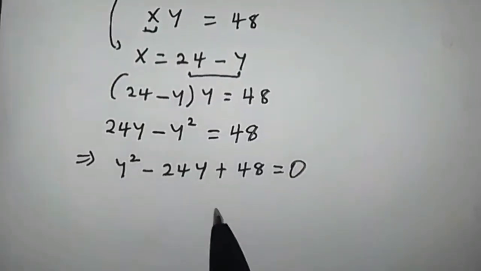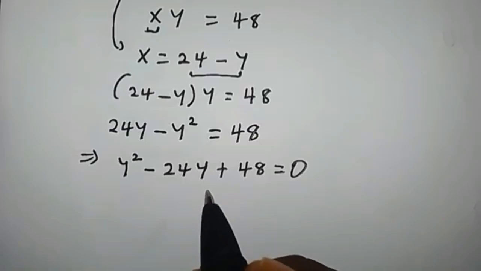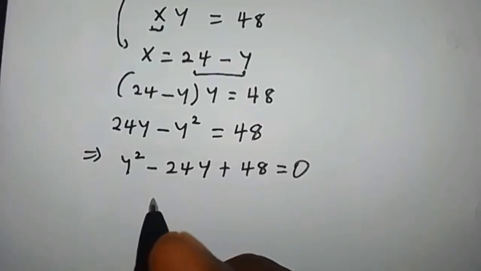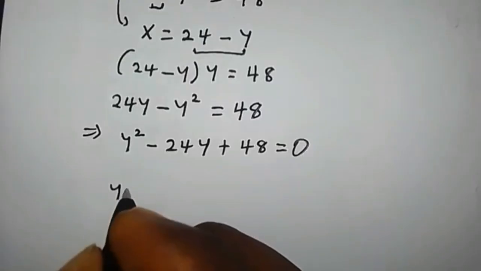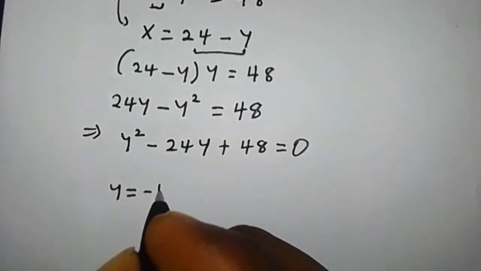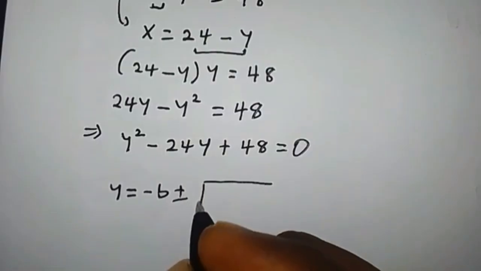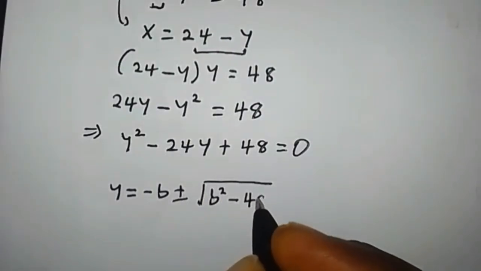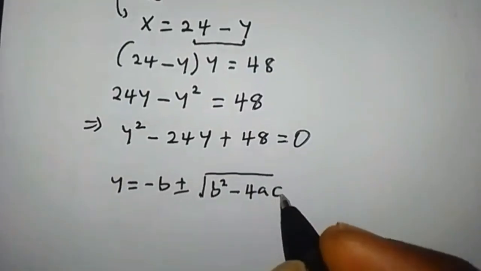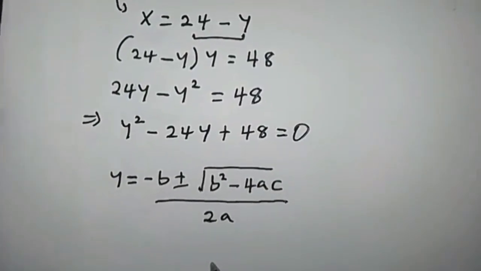You will see that this is a quadratic equation and we can solve it using quadratic formula. So let's solve it using quadratic formula, which is y equal to minus b plus or minus square root of b square minus 4 times a times c divided by 2a.